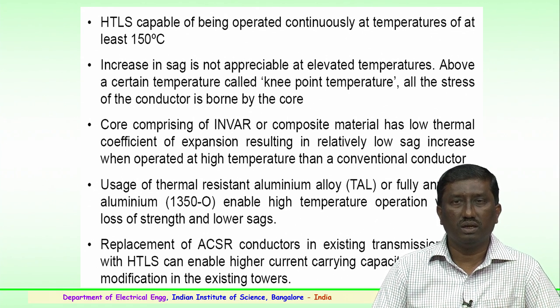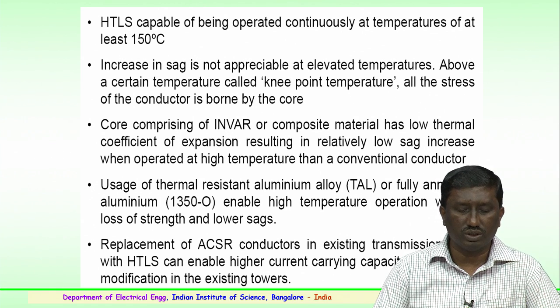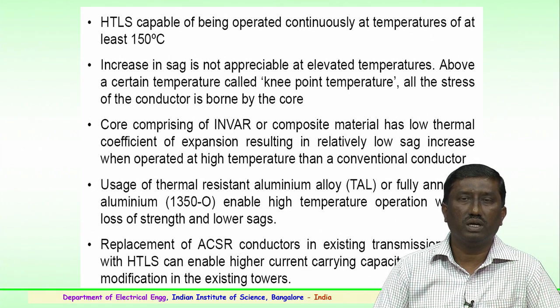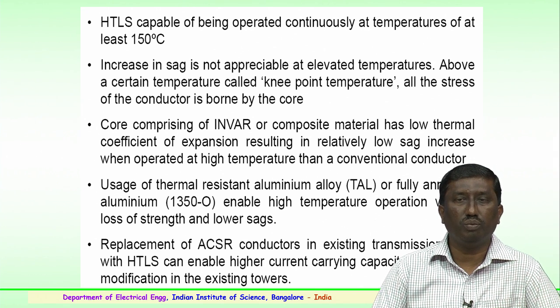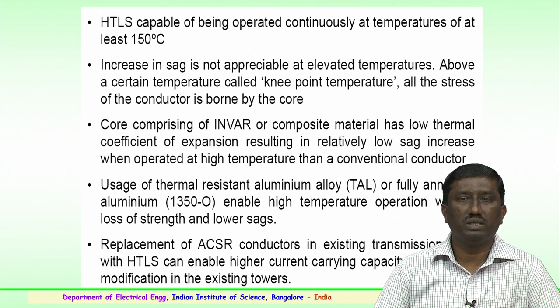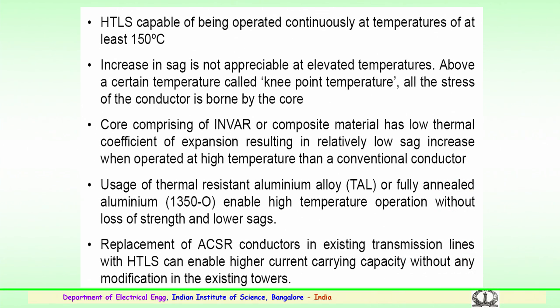This results in relatively low sag, because the operation of this conductor at a very high temperature, because of its inherent properties having a low thermal coefficient, will result in a low sag or no sag when operated at higher temperature than the conventional ACSR or AAAC conductors.